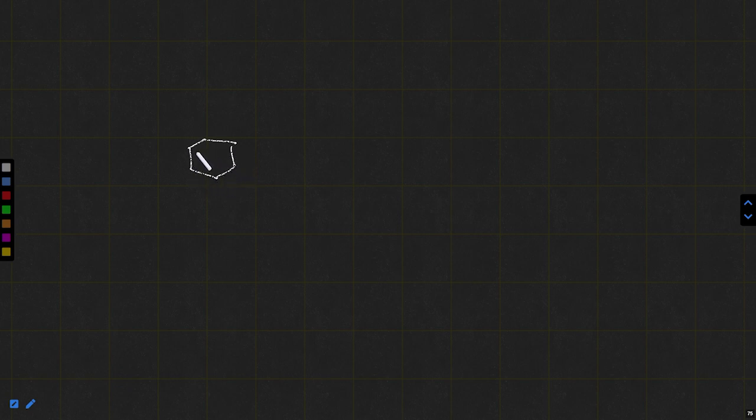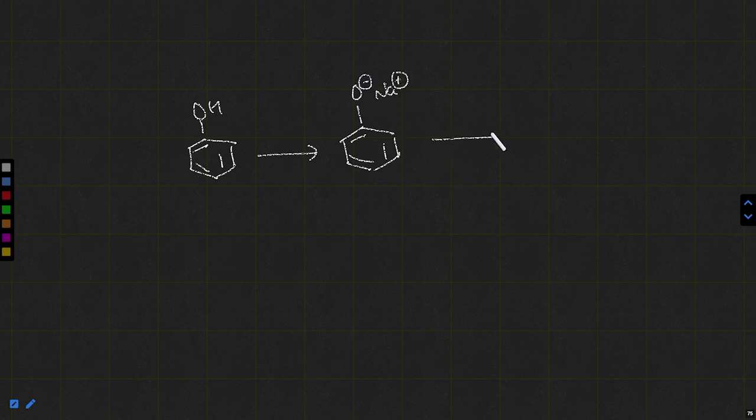Initially you will have this thing. You treat it with a base. Suppose I am treating with aqueous NaOH, then it will result in O minus and Na plus. Now further, if you simply treat it with CO2, then this will happen. We'll draw the mechanism.